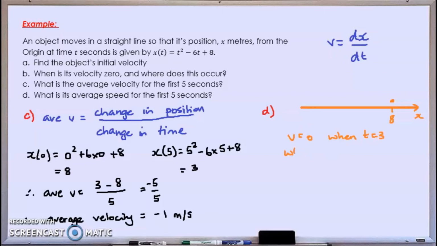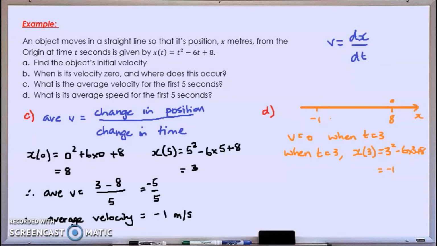And when time equaled 3, my position was at x3, which is 3 squared minus 6 times 3 plus 8, which was at -1.